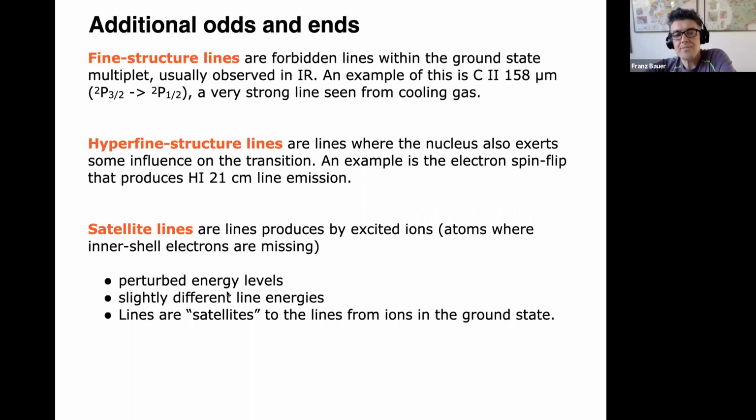You might get slightly different energies because of the way the electrons are filling the shells. And so typically the lines are called satellites to the lines from ions in the ground state. You can get several varieties of these, which are interesting, and tell you something about the state of the medium.